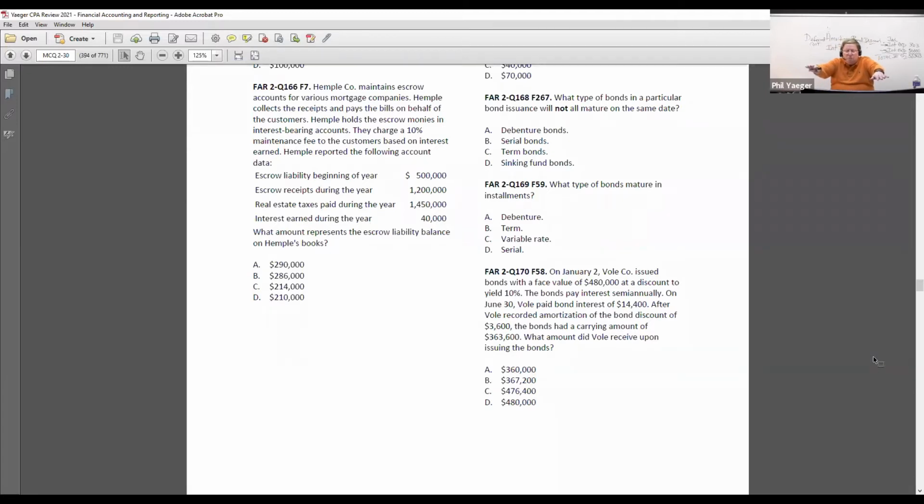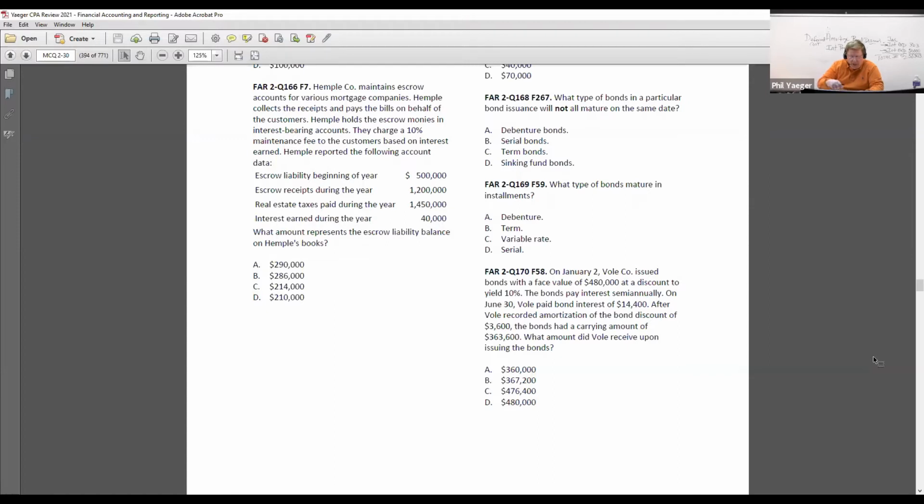But before we go to the question again, let's think about this. Which is more theoretically correct? The cost of carrying the bonds is the interest expense, right? And if you look at your amortization table, the interest expense is increasing from the first year to the last year.